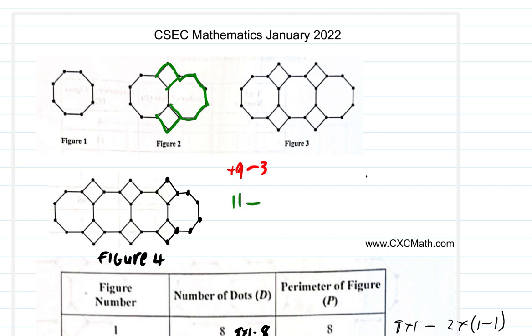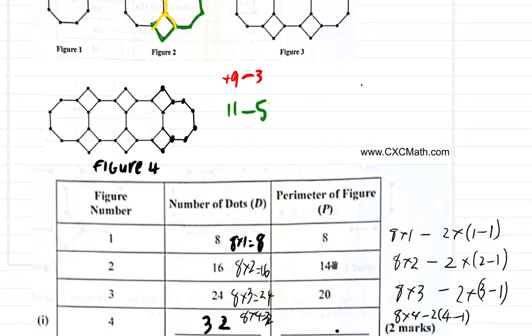And you removed, what did you remove, in order to get the perimeter? 1, 2, 3, 4, 5. You remove 5. Alright? 9 minus 3 is 6. 11 minus 5 is 6. Just the same. So you added 6 each time.